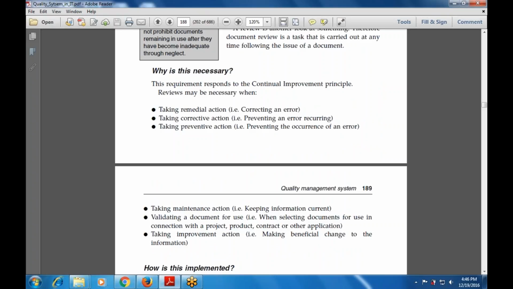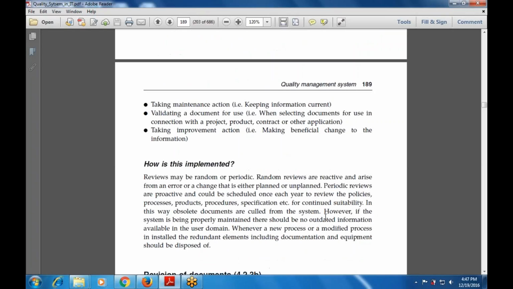Then taking maintenance action if errors arise, keeping the information current. Validating a document for use: always validate the documents, that includes project, product, contract, or other applications. Then taking improvement action, meaning making beneficial changes to the information.